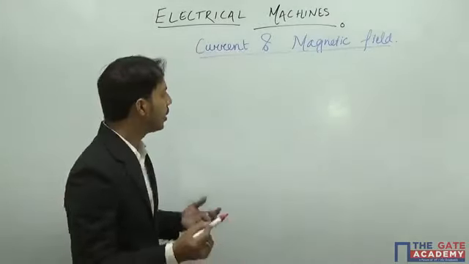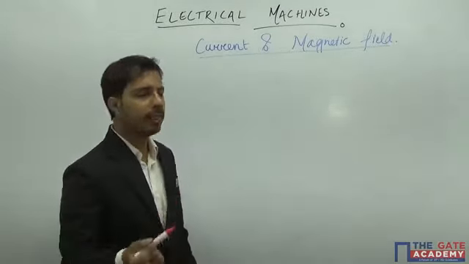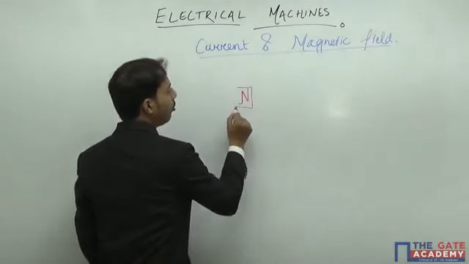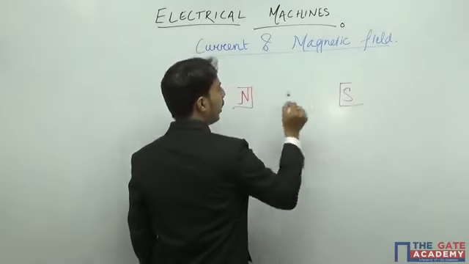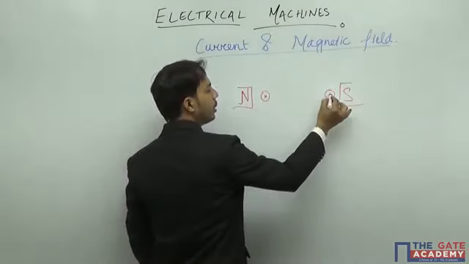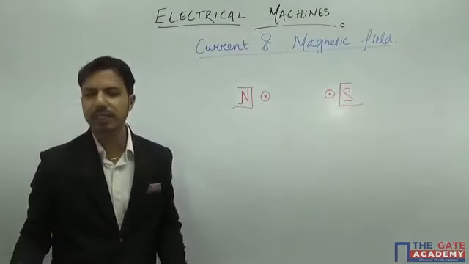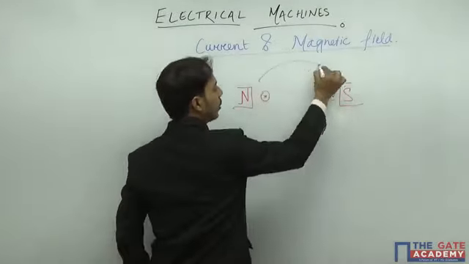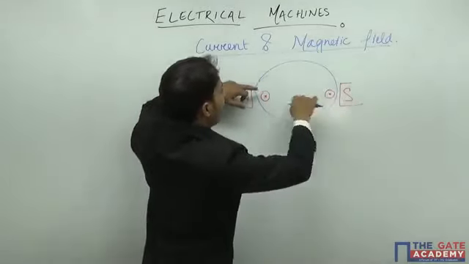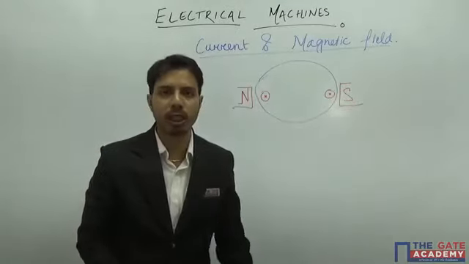And this is what happens in a motor. Okay? Let us take an example of a DC motor. In a motor, there will be a north pole and a south pole, and conductors. These conductors will have current direction in such a way that I expect the rotor to rotate. The rotor will rotate when the conductors in that rotor experience a force.